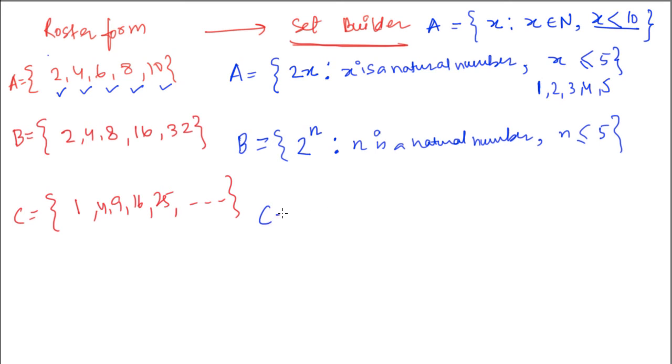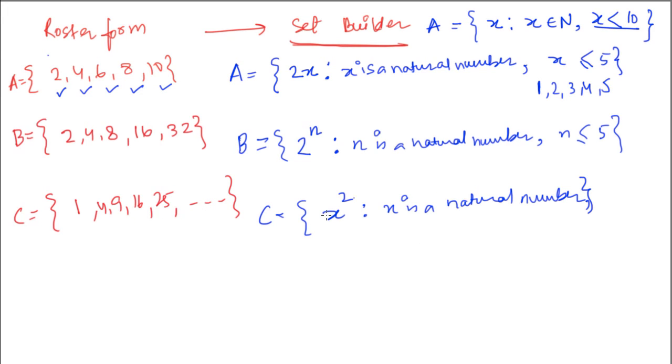So how would we write C, that is x square, such that x is a natural number, and there is no third condition, because this is an infinite set.